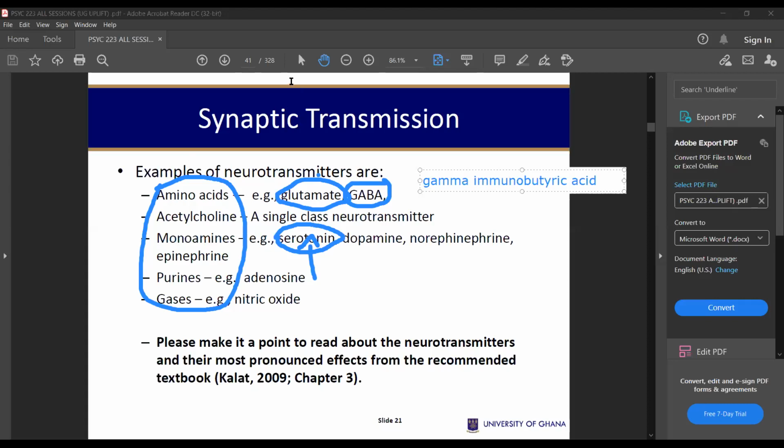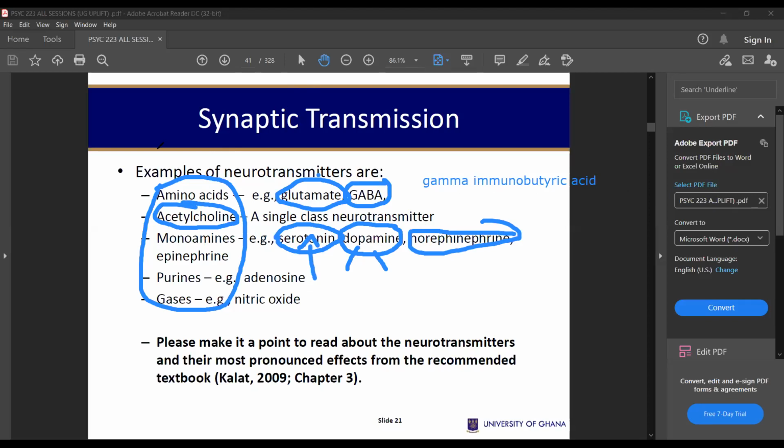Then acetylcholine is an excitatory neurotransmitter. Then serotonin is an inhibitory neurotransmitter. Dopamine serves as both inhibitory and excitatory. Then norepinephrine is an excitatory neurotransmitter.